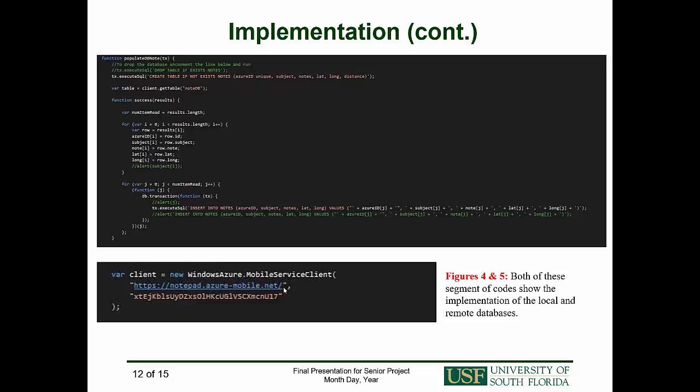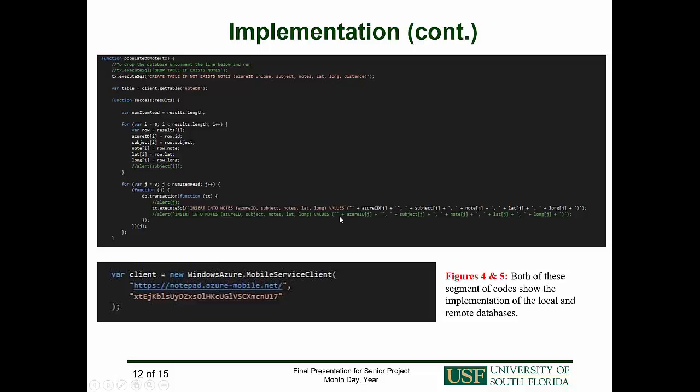And the key at the bottom is a very specific and unique key for a specific application, the Notepad application. So this key tells the application to go to this app on the Notepad database website. So it references the application specifically.